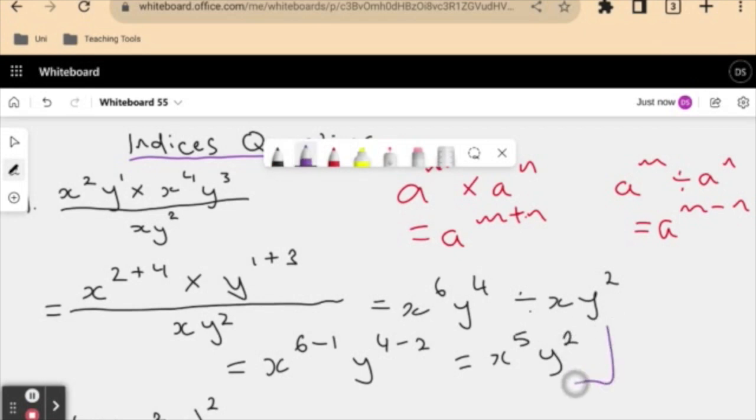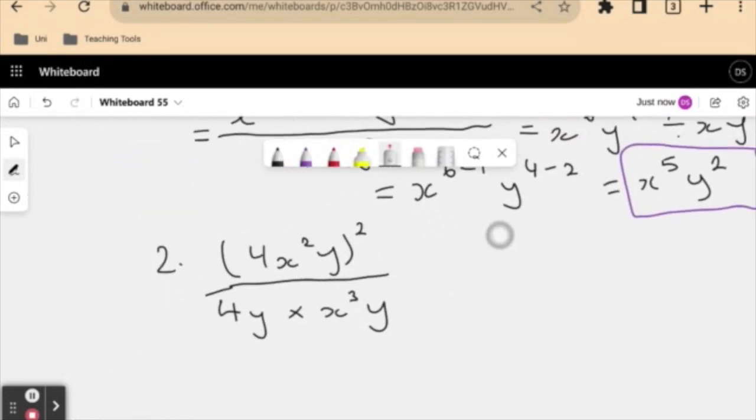And this right here is my simplest form. I can't do anything more with this because x and y are different bases. As we said before, x and y can represent any number, but these are different numbers, so we can't compute them in the same way. We just have to leave this as a product of x to the power of 5 and y squared.